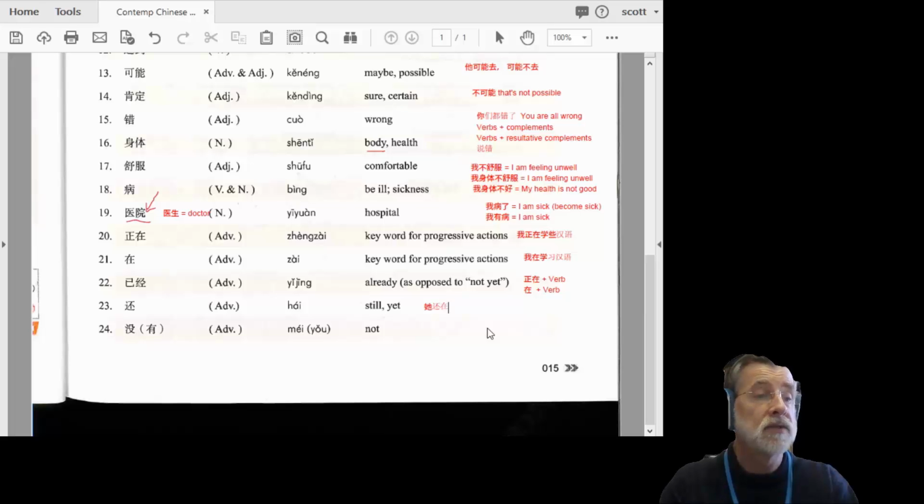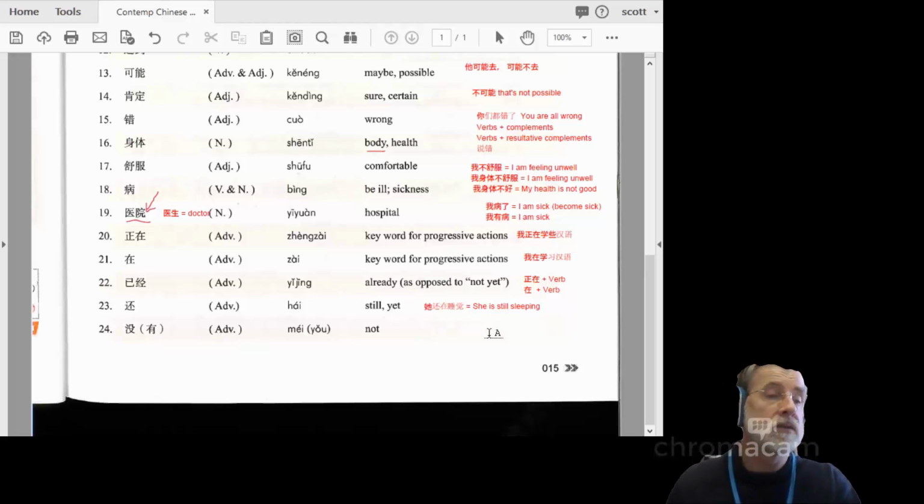There's a combination of 还 plus 在. She is still sleeping. So the takeaway from this is that 还 is placed before verbs to say that an action or state is still happening or still being done.